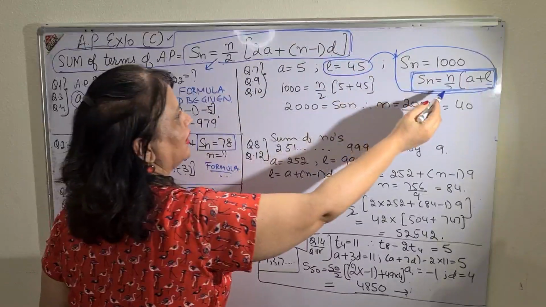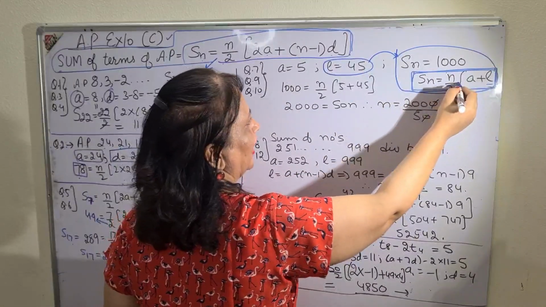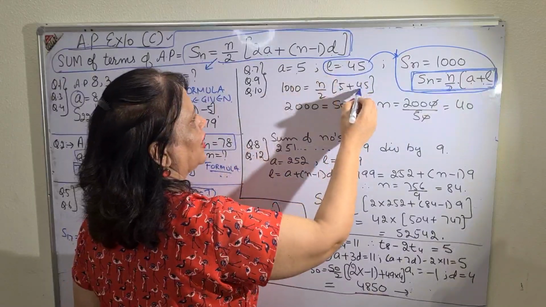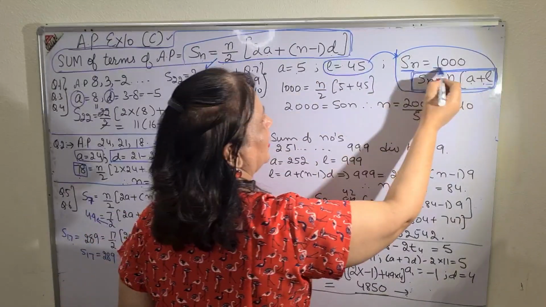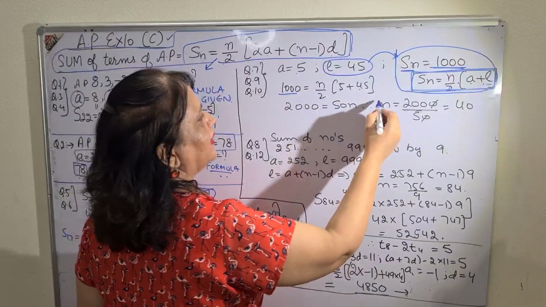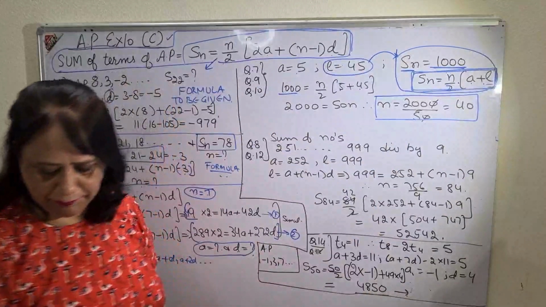But when L is given, then I will take the formula n upon 2 bracket a plus L. A I have 5, L I have 45, and the sum of the terms has been given to me as 1000. So I wrote 1000 here, and upon 2, and this will give me the number of terms. They have asked me to find the number of terms.